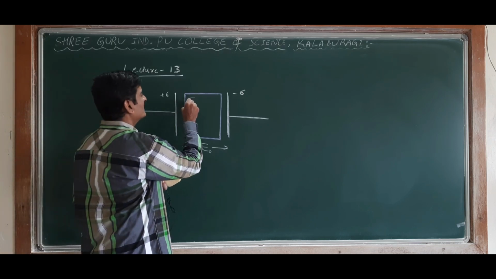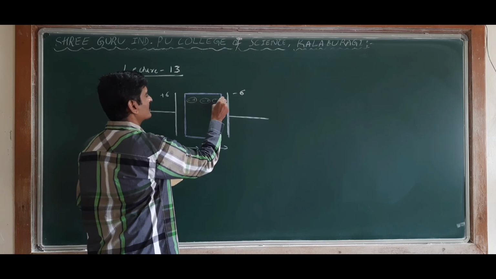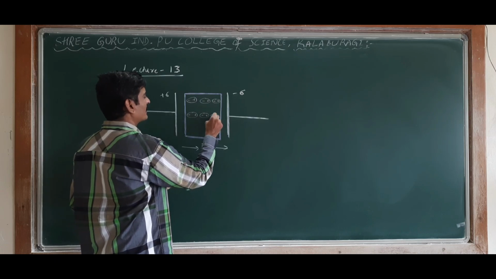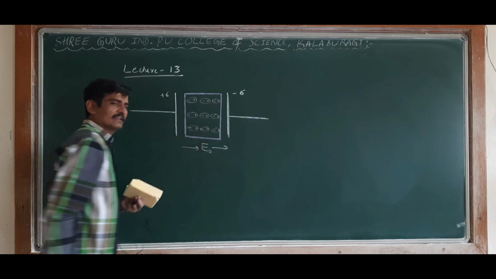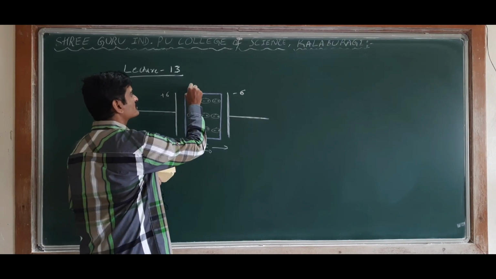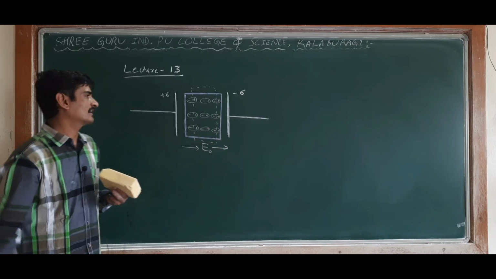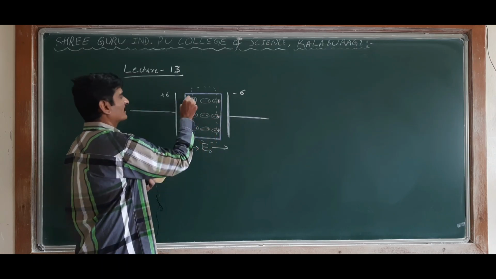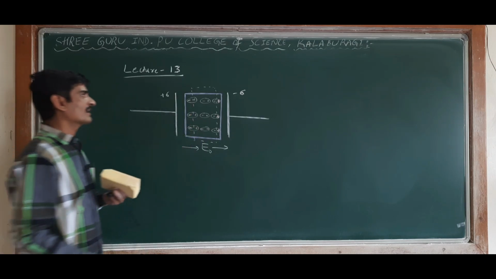Polarized means the atoms or molecules of the dielectric align in the direction of the external electric field. As a result, a net induced charge is created on the surface of the dielectric. A fixed positive charge is created on one surface of the dielectric and a fixed negative charge on the other surface.